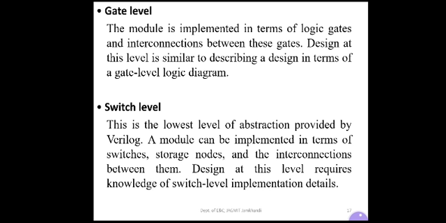A module can be implemented in terms of switches, storage nodes, and the interconnection between them. Similar to the previous one, gate level, in which the gates and their interconnection were defined, here switches are nothing but transistors, how each gate is made up of transistors. So the switches, storage nodes, and the interconnection between the different switches are going to be implemented here.